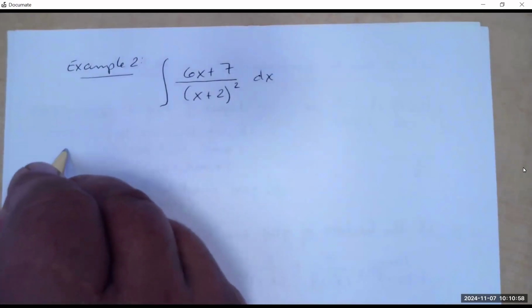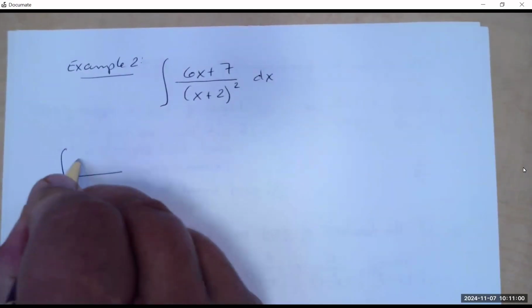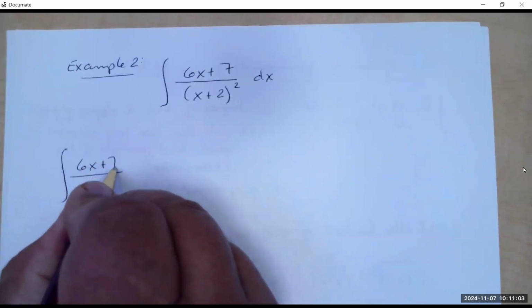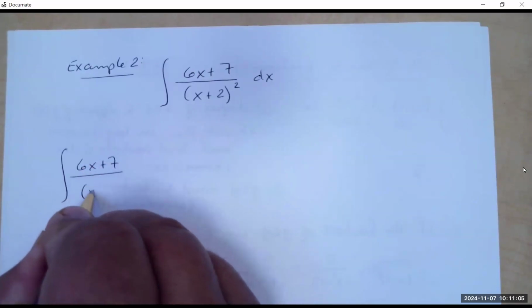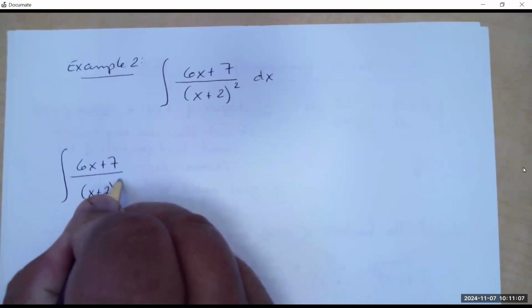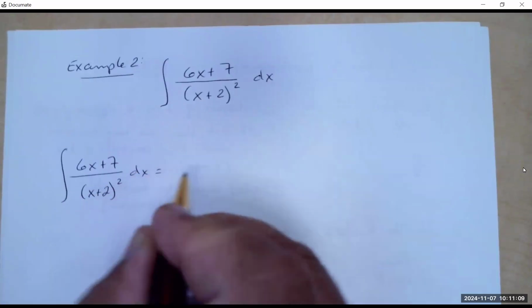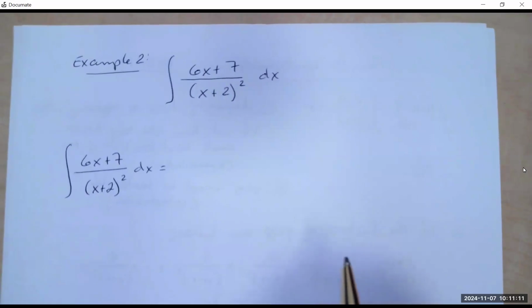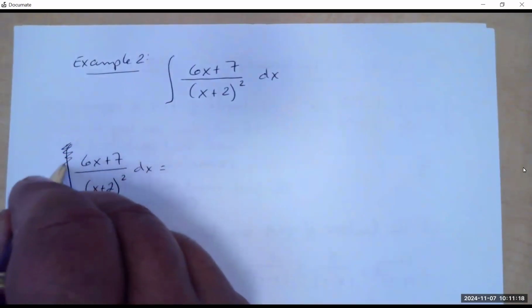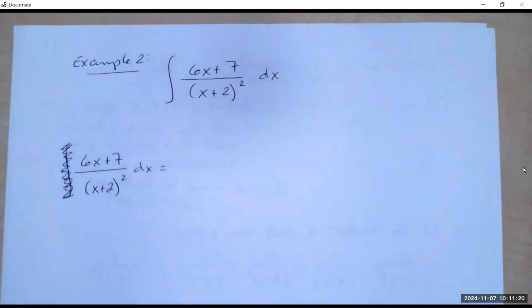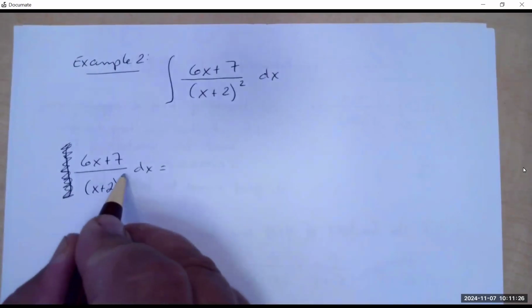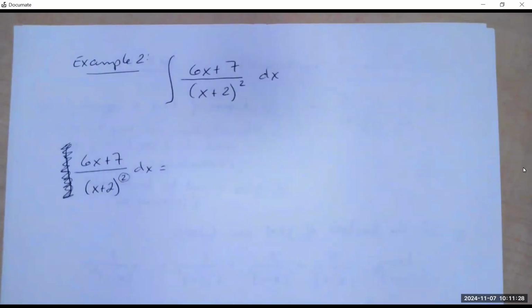So what we have here is 6x plus 7 over x plus 2 squared. So how many partial fractions are we going to have here? We're going to have how many? 2. Yes. Why 2? Because the multiplicity of the denominator is 2.